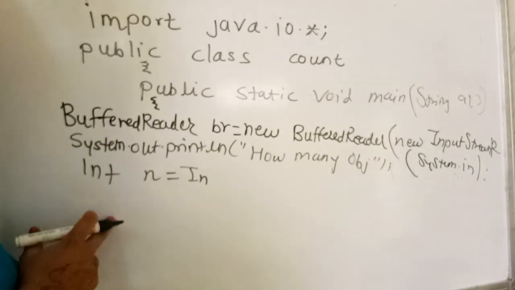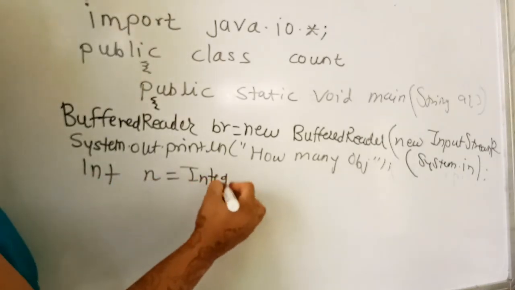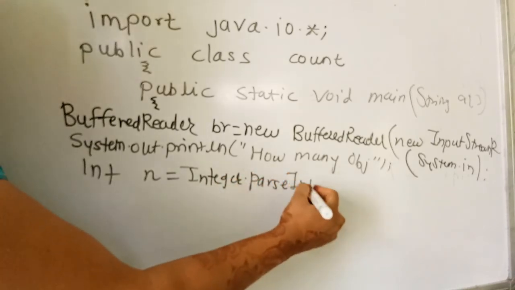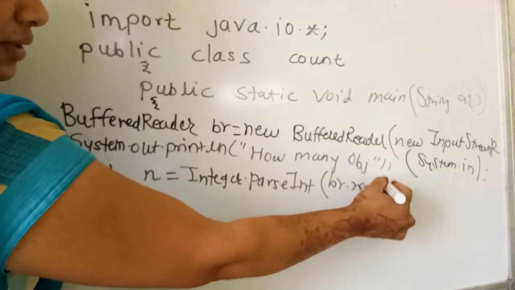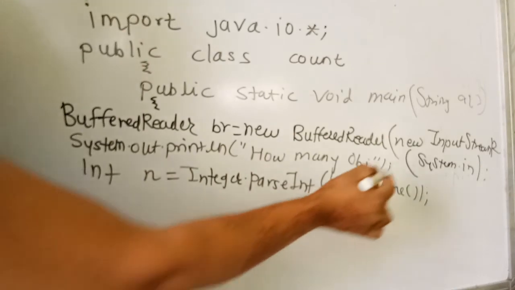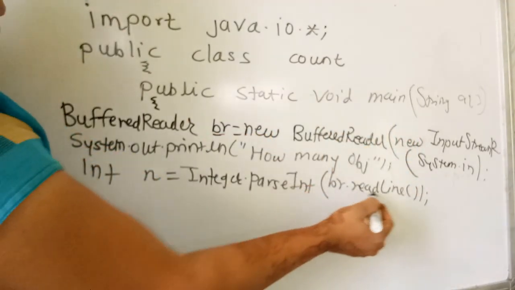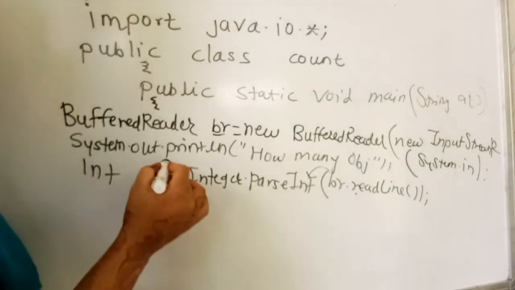To avoid this situation, we use Integer.parseInt(br.readLine()). So this is br, and it accepts the input from the user, converts it into an integer, and stores it into this n.